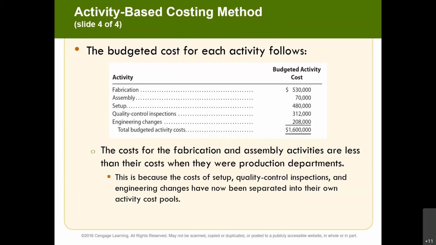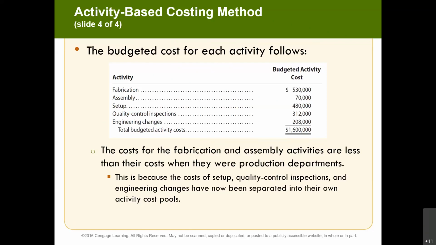For engineering changes, meaning the modifications of these products over time, we budgeted $208,000 for this activity, giving us a total overhead, total factory overhead of $1.6 million for the allocation of these activities.